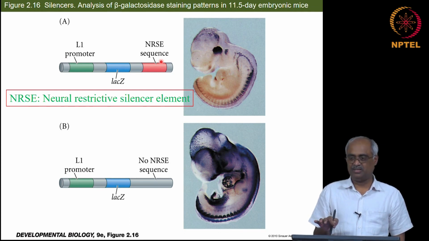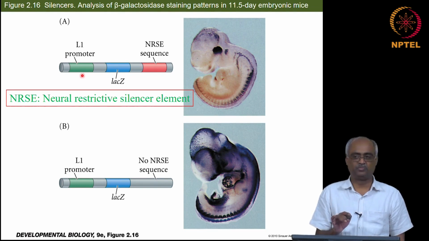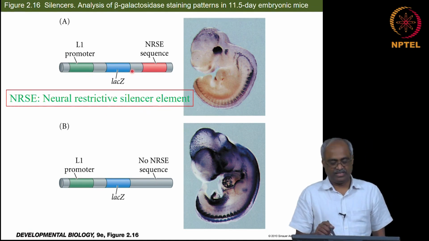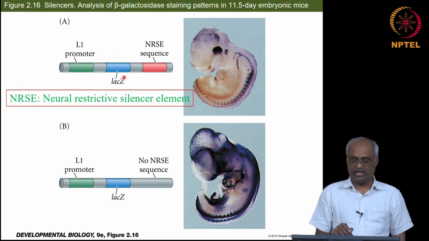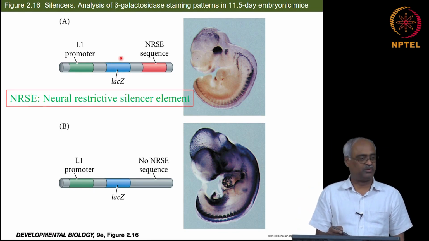As a result, in all the tissues this sequence will be bound by that protein, and the genes that are under the influence of this particular enhancer will not be expressed. Therefore, the genes downstream of those promoters will be expressed only in neurons, and this is called the neural restrictive silencer. Here is a reporter where, instead of the actual gene, you have LacZ, because you can assay the LacZ encoded protein's activity.